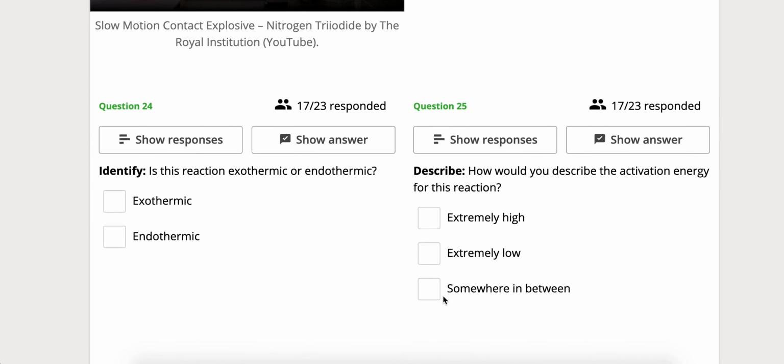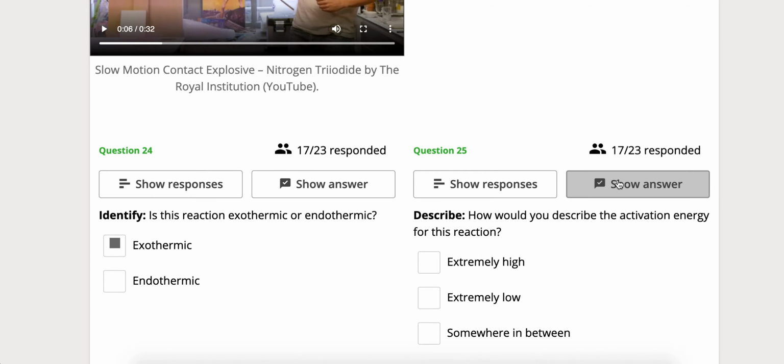Based off what we just saw there, is this reaction exothermic or endothermic? Hopefully you would have recognized that it is an exothermic reaction. And lastly, how would you describe the activation energy in this reaction?